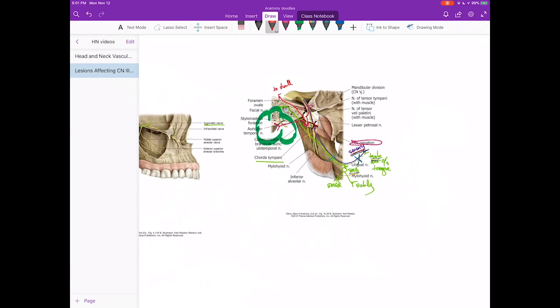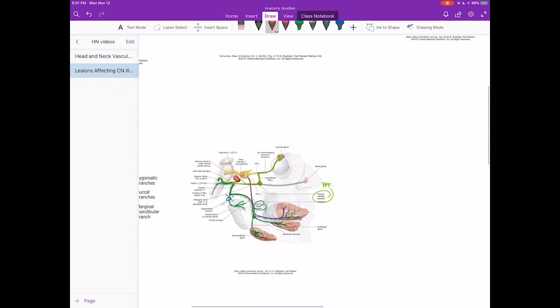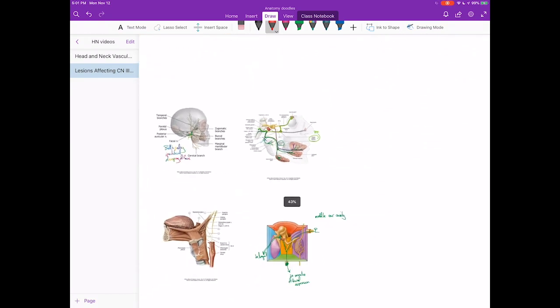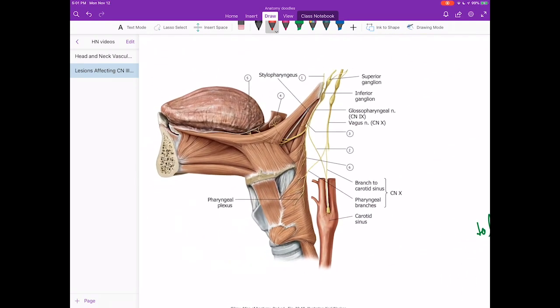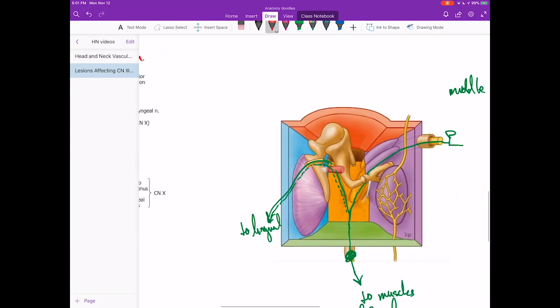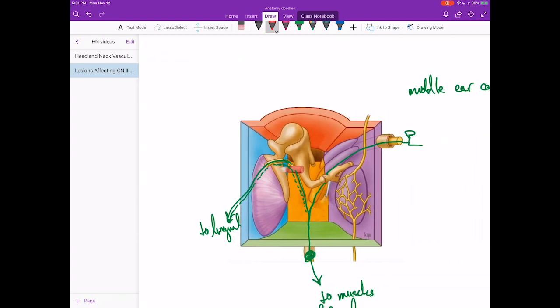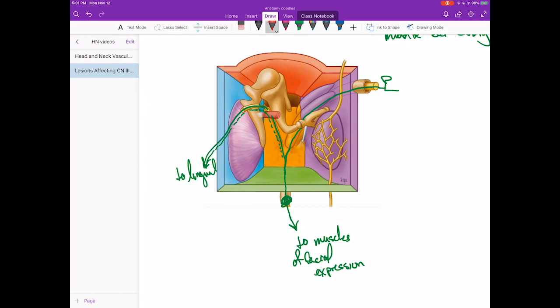So let's look at cranial nerve 9 down here. So the story here begins with this little nerve called the tympanic nerve. The tympanic nerve emerges from the parent cranial nerve 9 fibers, and it enters into the middle ear cavity. So here, I'm going to draw this like this.